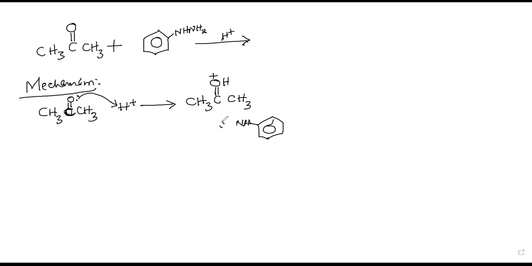NH, then NH2. As this one goes, we are going to form our benzene ring. Then we have NH. Then I have N with a positive. Then one H will be here, and I put another H here.